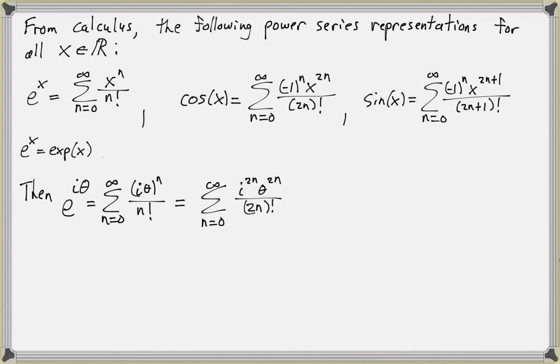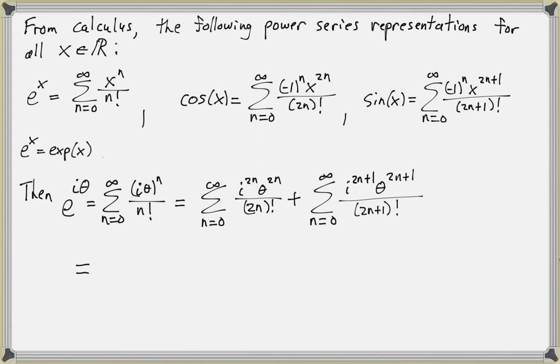And I'm going to add this to the series n equals 0 to infinity, i to the 2n plus 1 times theta to the 2n plus 1 all over 2n plus 1 factorial.